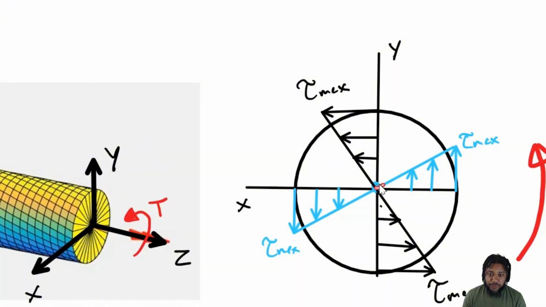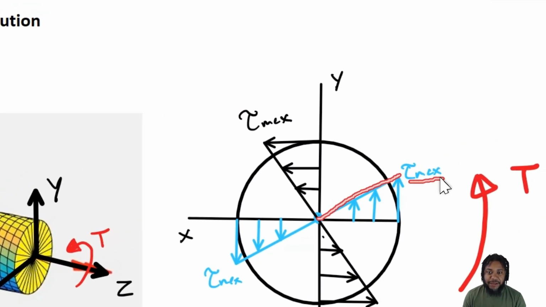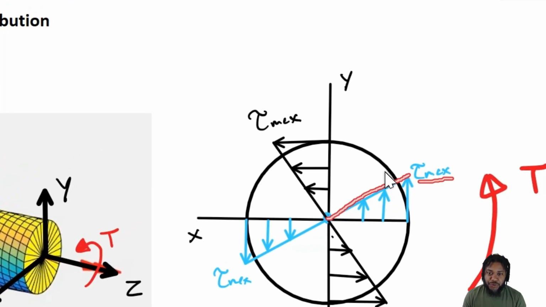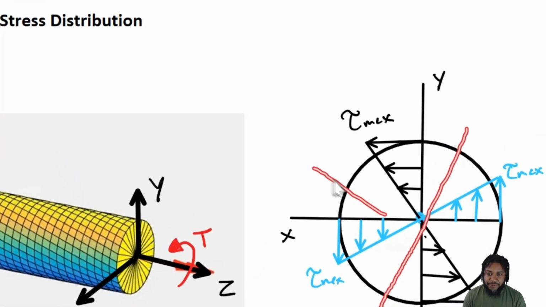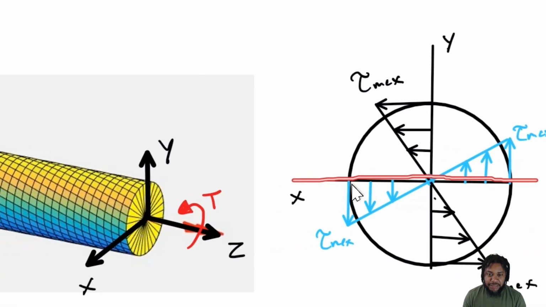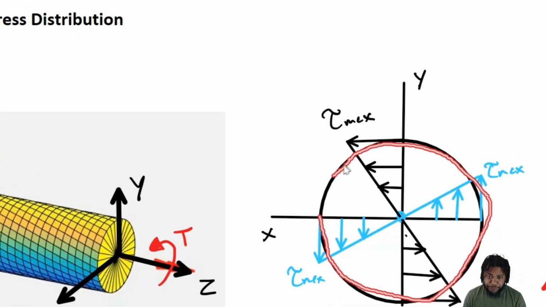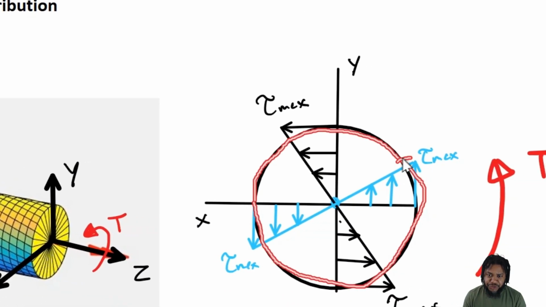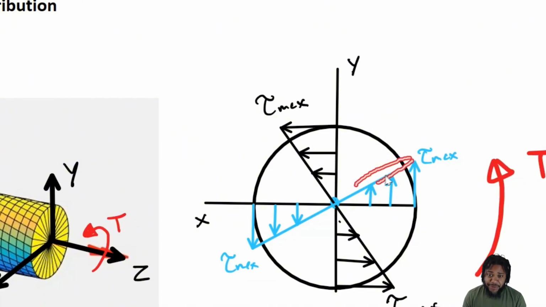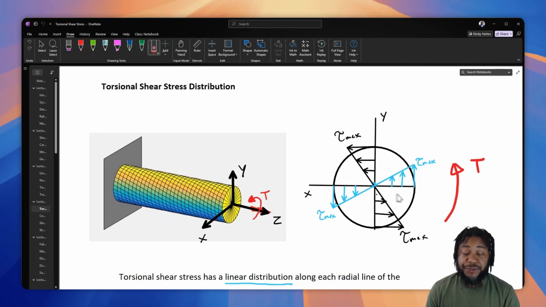And as we move to the outer edge, it moves to a maximum value. And this is true on any radial line that we would draw through our circular cross section, that it is maximized everywhere around the outer edge, that it is linearly distributed from maximum to 0 to maximum across the cross section, right?